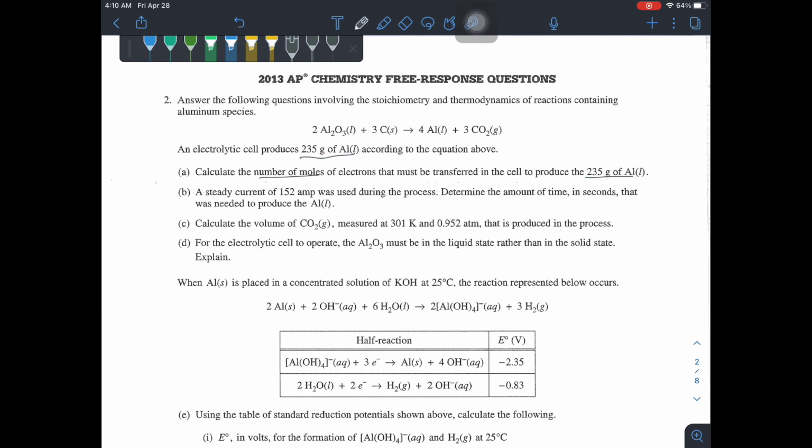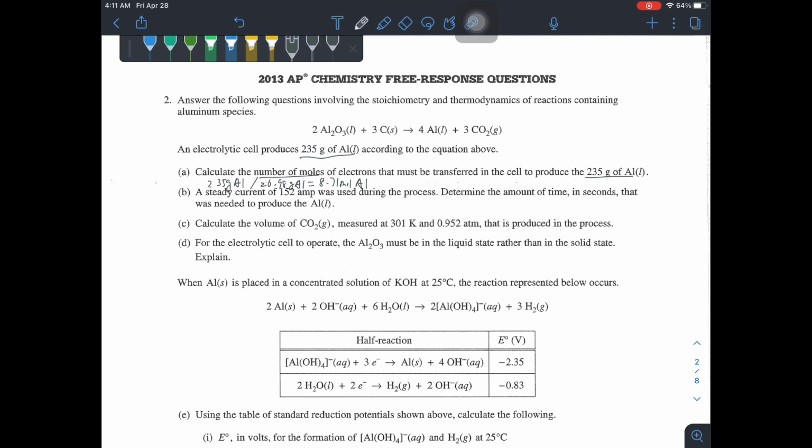In order to calculate that, we take 235 grams aluminum over, not times, it's over the molar mass, 26.98 grams aluminum. Then we get 8.71 moles aluminum.